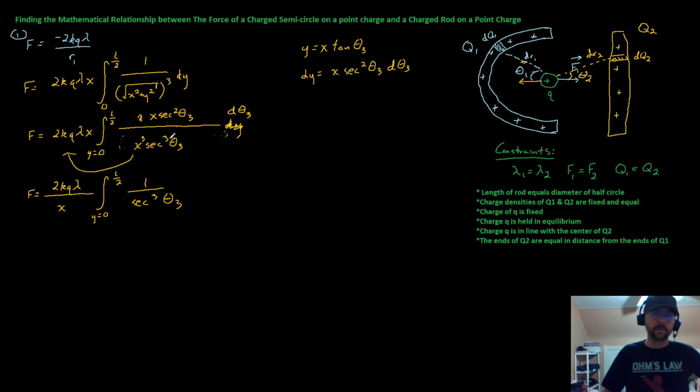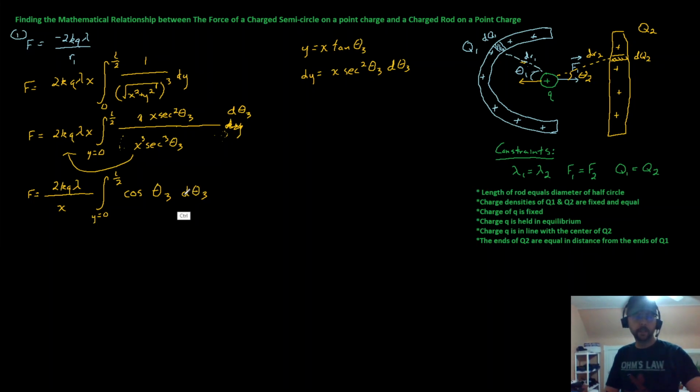Sorry, not to the third. We canceled, so we only have one left. 1 over secant theta sub 3. Now, secant is 1 over cosine, and we take 1 over cosine, we're left with cosine. So I'm just going to write that as cosine. So we have cosine of theta sub 3 d theta sub 3.